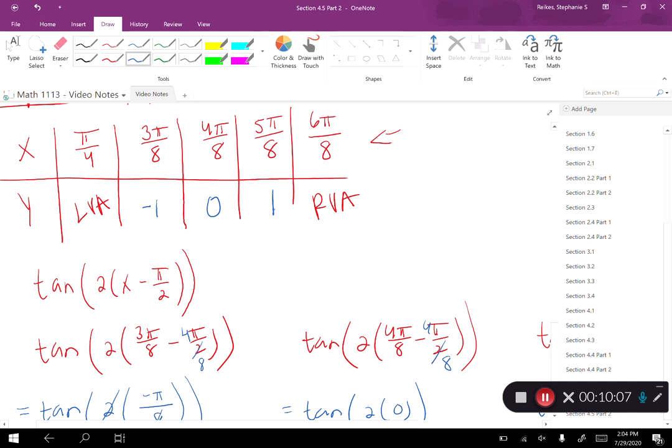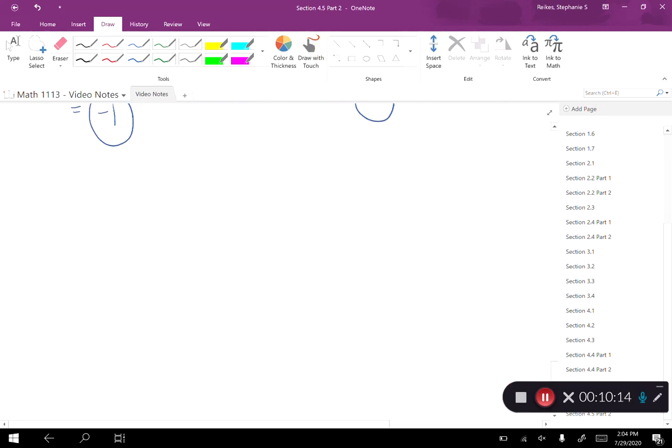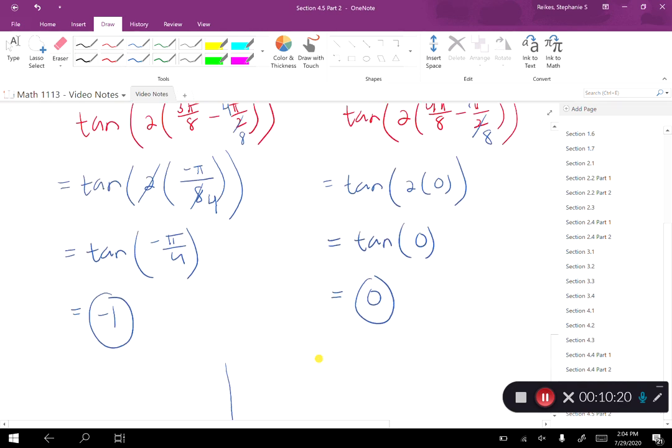Now we just need to graph our coordinates. So let's see what this is going to look like. Again, this is just graphing one cycle.